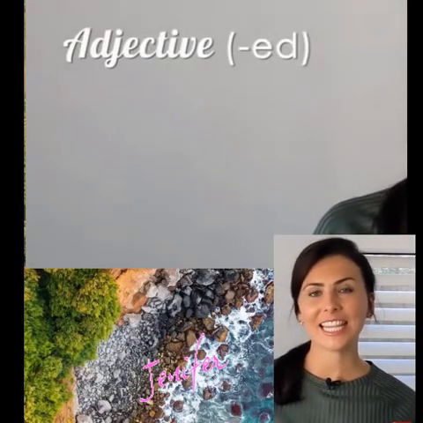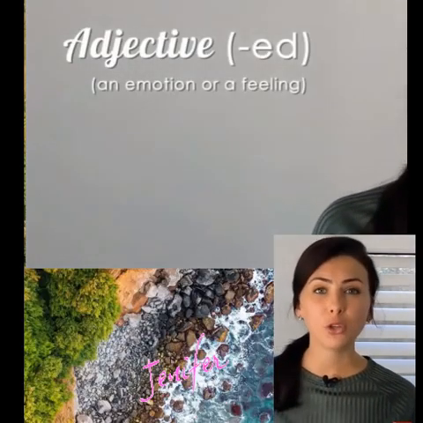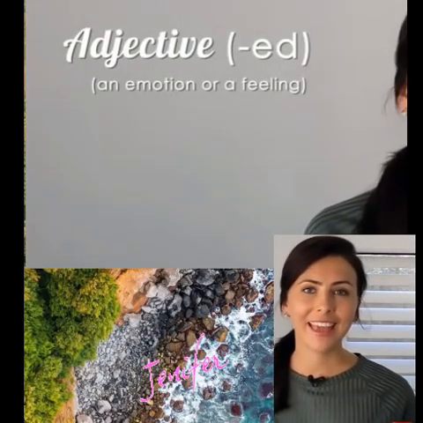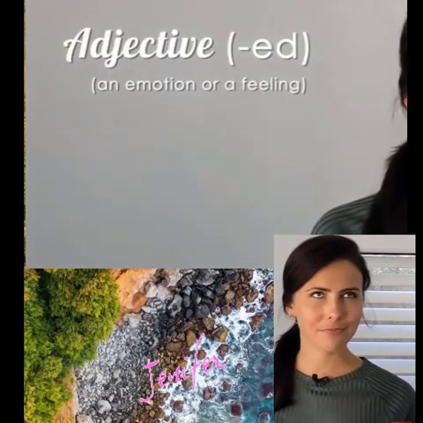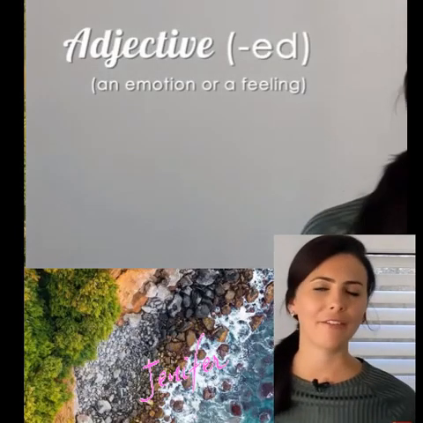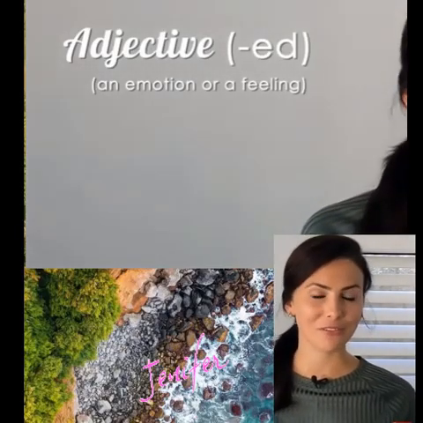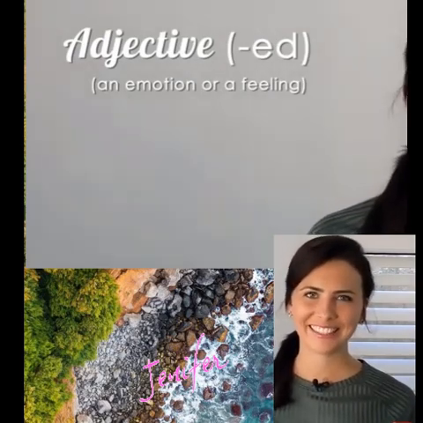Adjectives that end in ed are used to describe an emotion or a feeling, and it's usually a temporary thing, something that only people can have generally. Only people have feelings most of the time, but some animals can also have feelings.